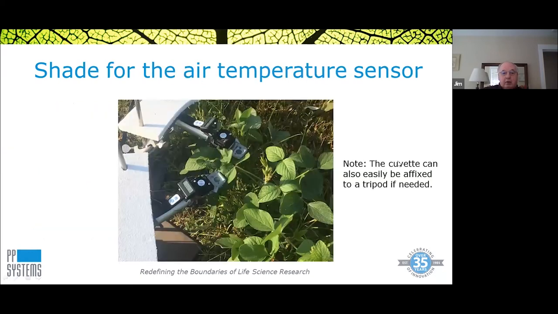So one way to do that: cuvettes you can use with a tripod, but for field and shading, I tend to use traditional ring stands because that gives me a place to anchor my shade board. And I just put a weight at the back end of it and just dangle it over the back end of the leaf chambers, the handles of leaf chambers. You can see two of them set up here on a soybean plant very early in the morning.